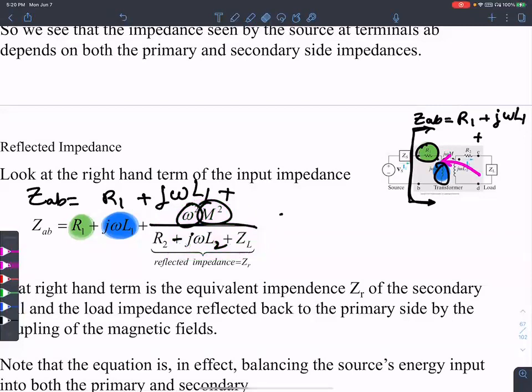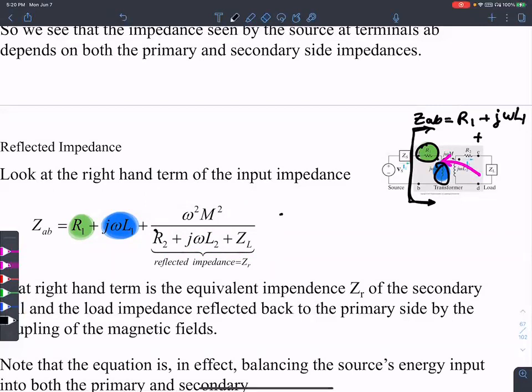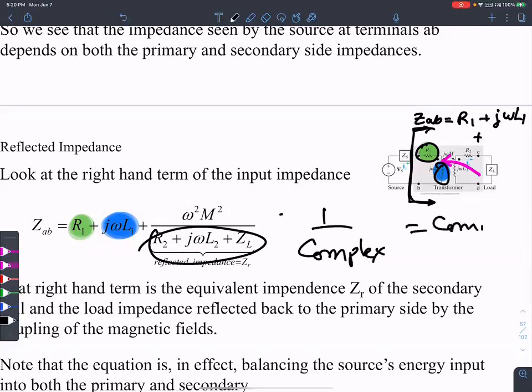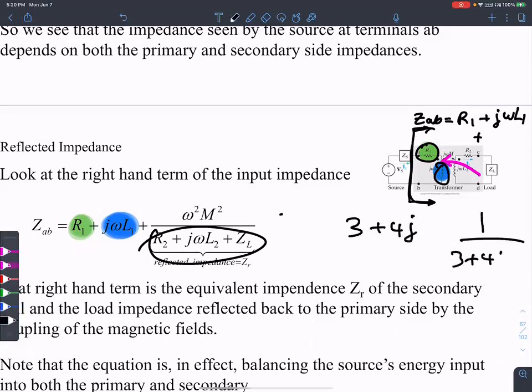Think about it. And this is a complex number. One over a complex number is also a complex number. For example, let's see, 3 plus 4j, and 1 over 3 plus 4j.